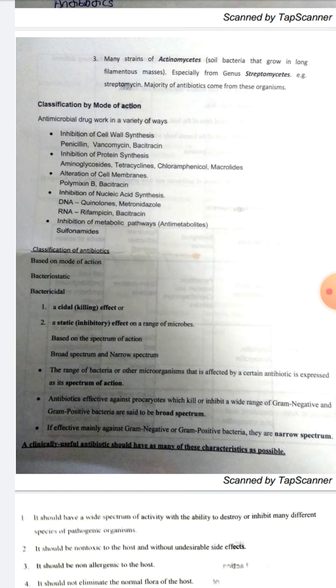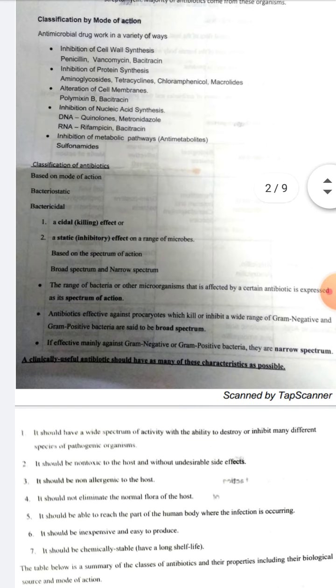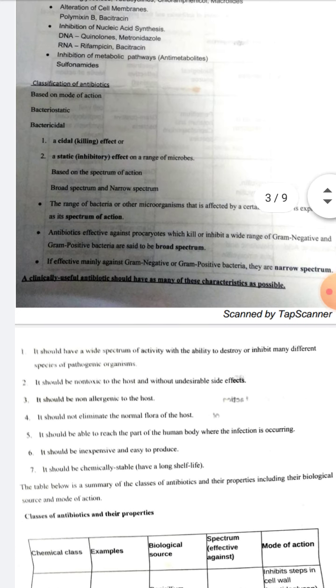Cidal is a killing effect; static is an inhibitory effect. It is again divided based on the spectrum of action: broad spectrum and narrow spectrum. Broad spectrum is effective against gram positive and gram negative bacteria, and narrow spectrum is effective against either gram negative or gram positive bacteria.